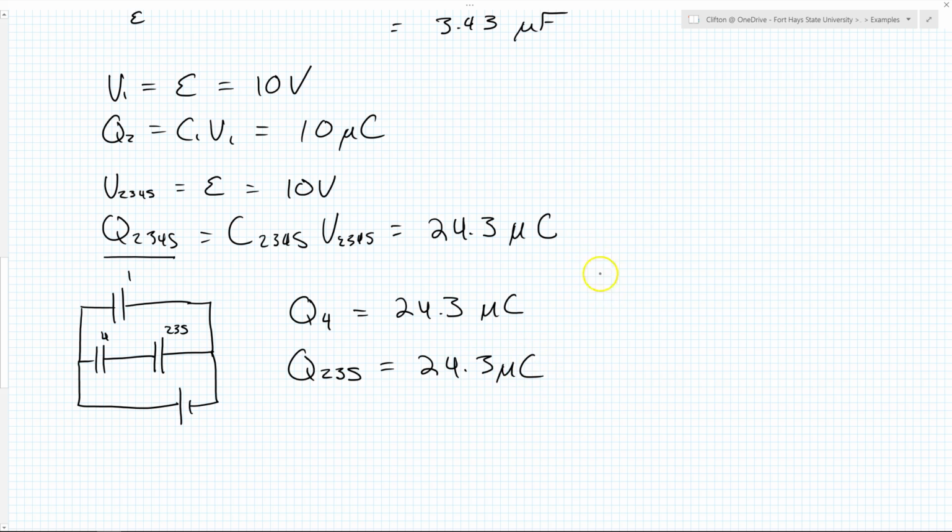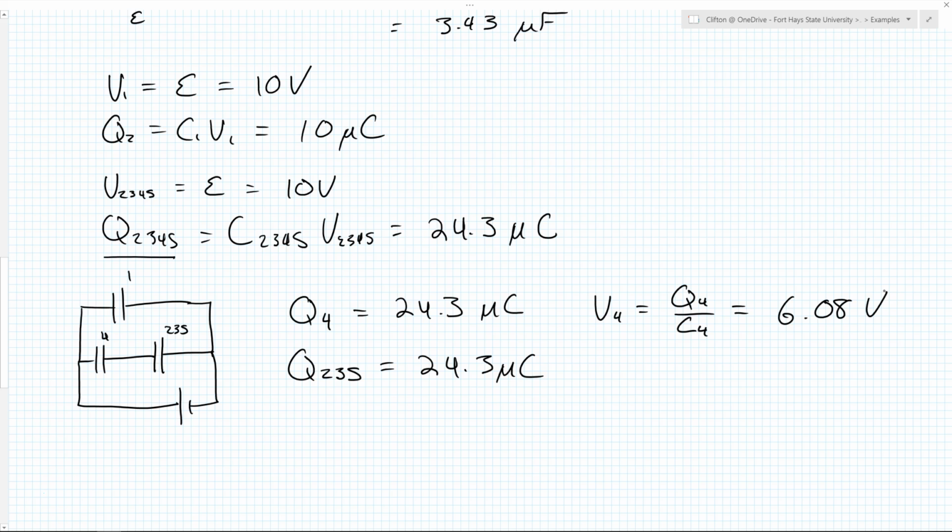So now I can calculate what the voltage across capacitor 4 is, because it's going to be equal to the charge on capacitor 4 divided by its capacitance. And the capacitance of capacitor 4 is 4 microfarad. So that's going to be 6.08 volts.